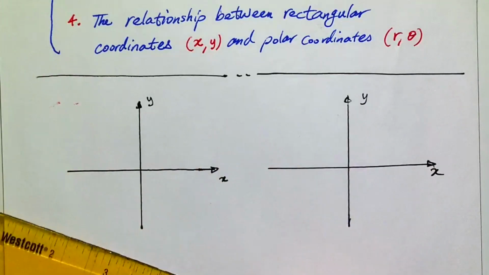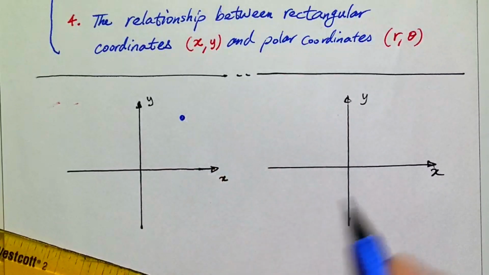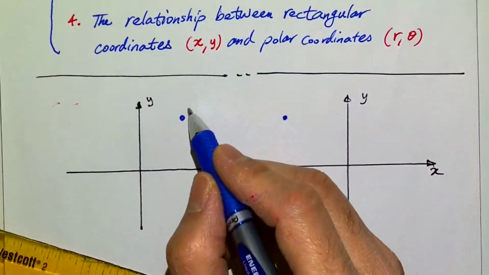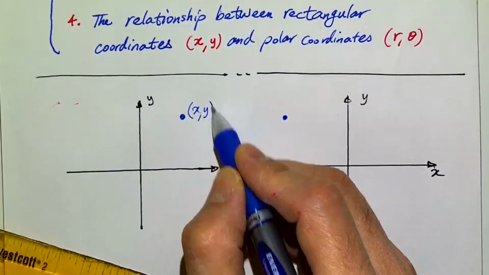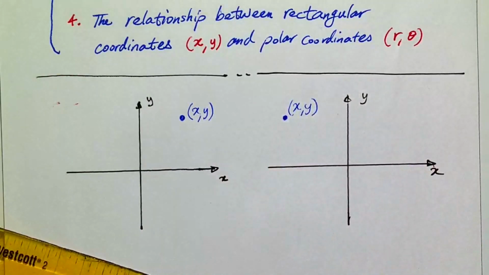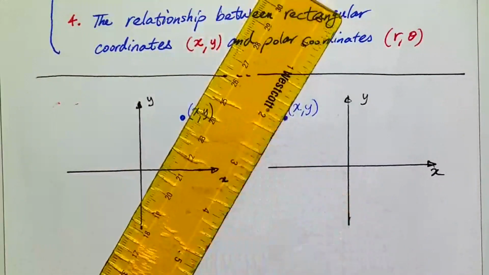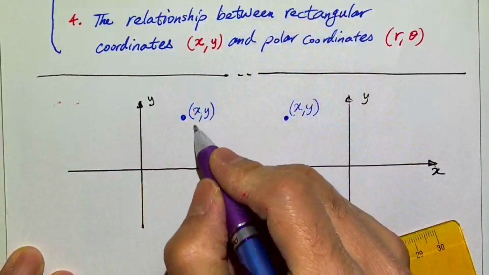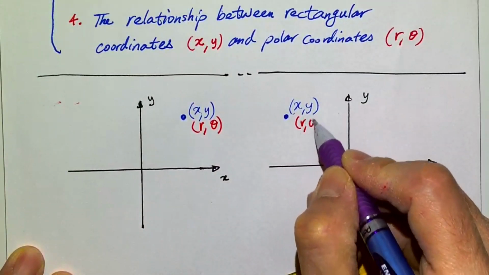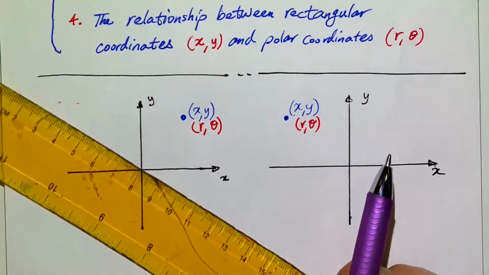Suppose then we have some point, let's say one here, and one point here. Up to now, we know that the coordinates for these points would be some x value and some y value, right? But in the polar coordinate system, instead of x and y, we have r comma theta here, and we have r comma theta here. So what do r and theta represent?